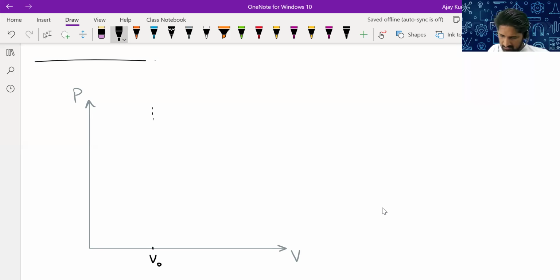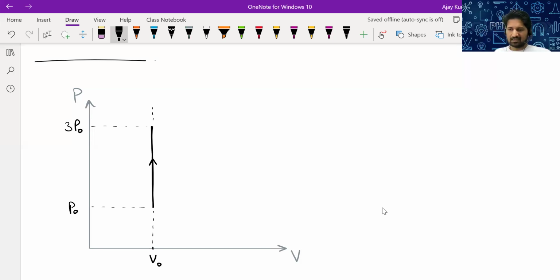Let's say the pressure increases from an initial value P naught to a final value, say 3P naught. You can see the direction in which the process is carried out. And see, the graph is a straight line parallel to the y-axis.